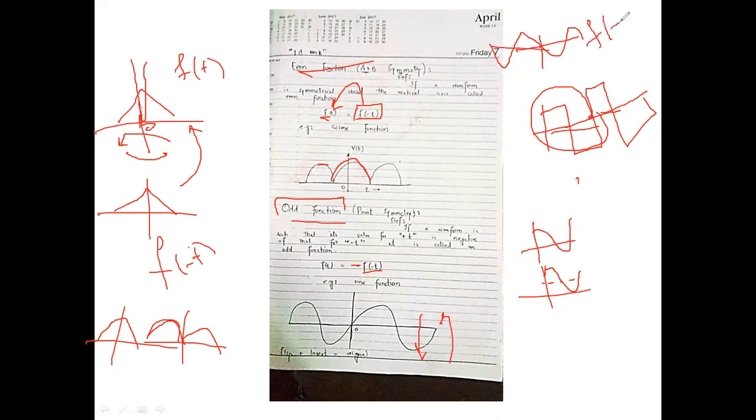And if we apply the next step after f of minus t, the next step is minus f of minus t, meaning you have to multiply this function by minus. Multiplying by minus means the negative terms are converted to positive terms, and the positive terms are converted to negative terms. So minus f of minus t will look like this, and this is equal to the original waveform. So we can say that this is an odd function.